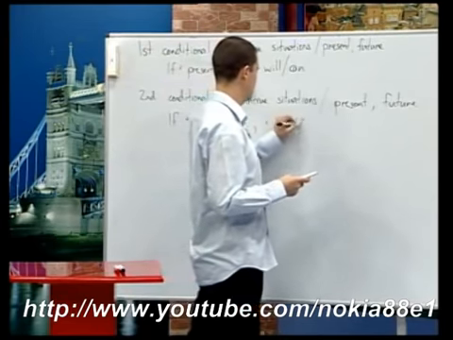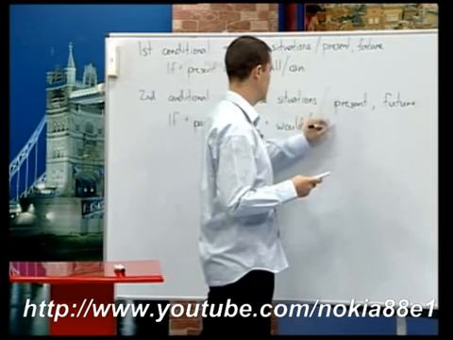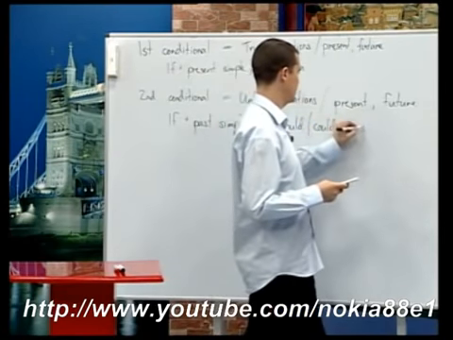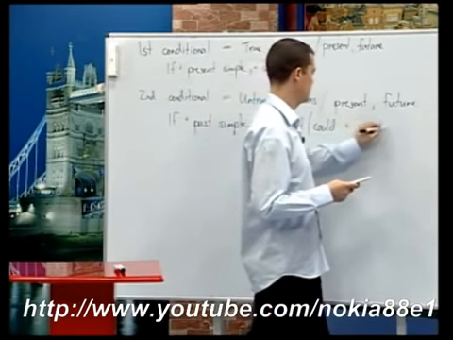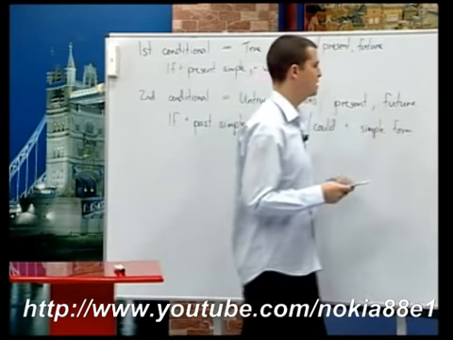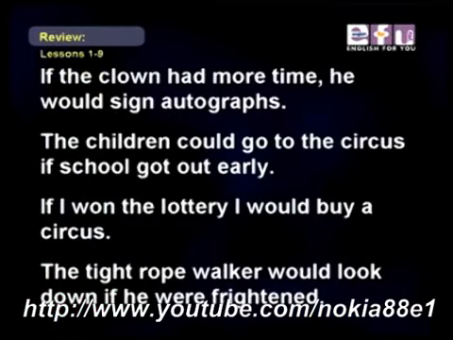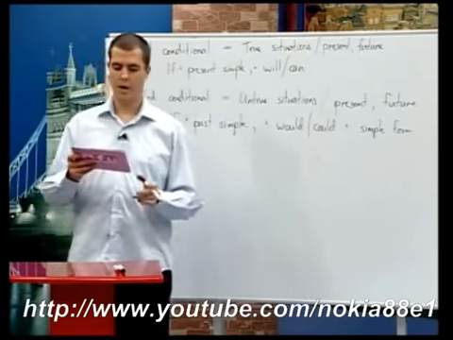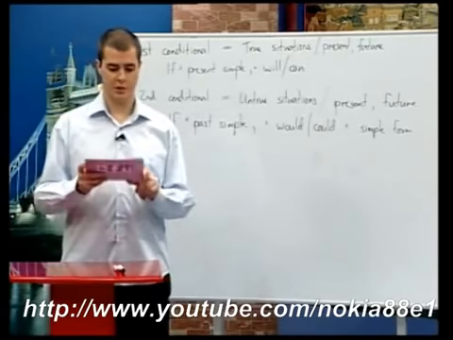Would or could plus simple form. For example, if the clown had more time, he would sign autographs. Okay, let's review the third conditional now.